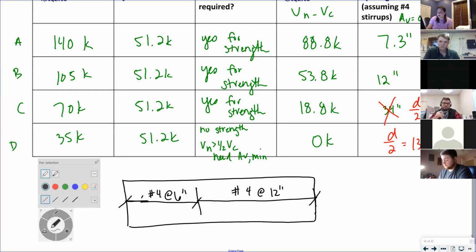And this could be from the center point to that point B, maybe.